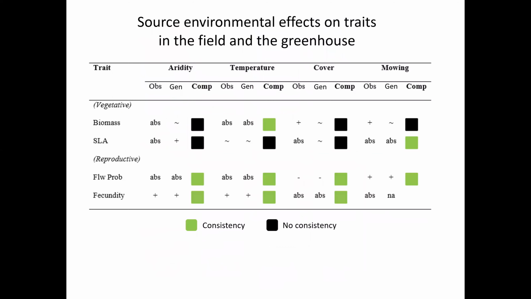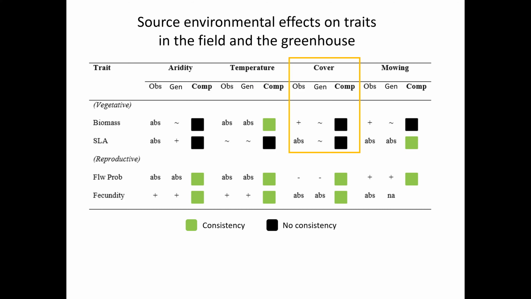And now we can compare experimental and observational field data. In this table, we can see the effect of source environmental drivers on traits detected with observational field data and in the greenhouse, this one being genetic differentiation.